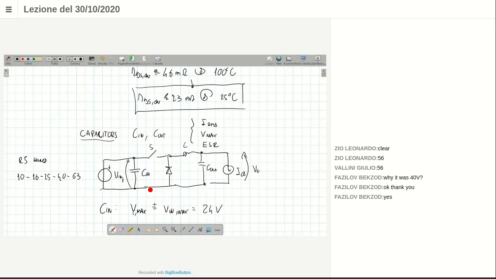Since our specification is that the capacitor voltage should be larger than 24 volts, a reasonable choice, considering that 25 is very close to 24, to take some safety margin, should be to choose a capacitor of 40 volt as a normalized value.